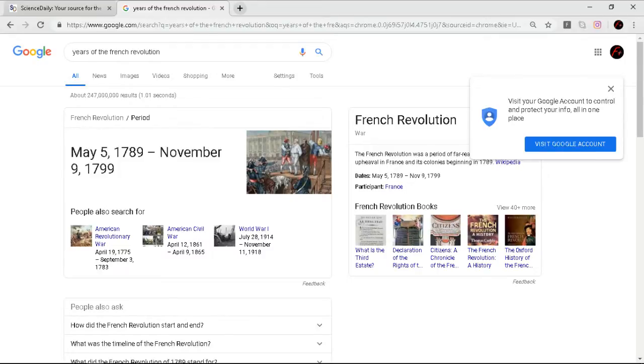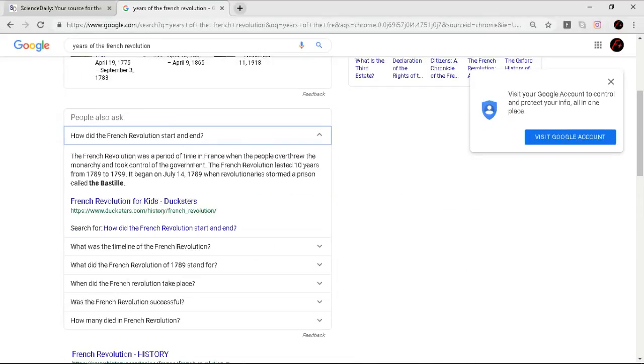So a 10-year revolution. A brief history: the French Revolution was a period of time in France when the people overthrew the monarchy and took control of the government. It lasted 10 years from that date to that date. It began when revolutionaries stormed a prison called the Bastille.